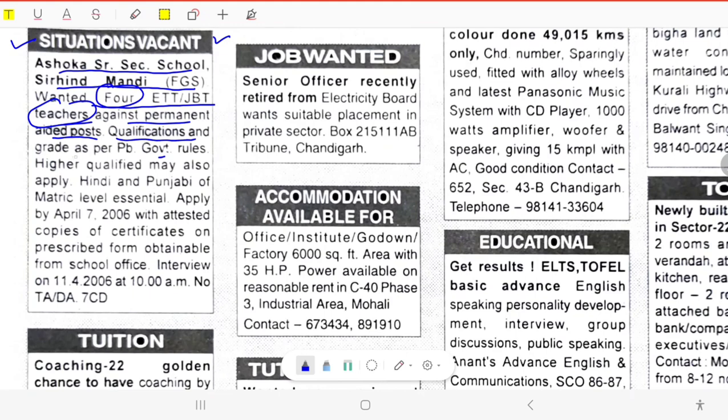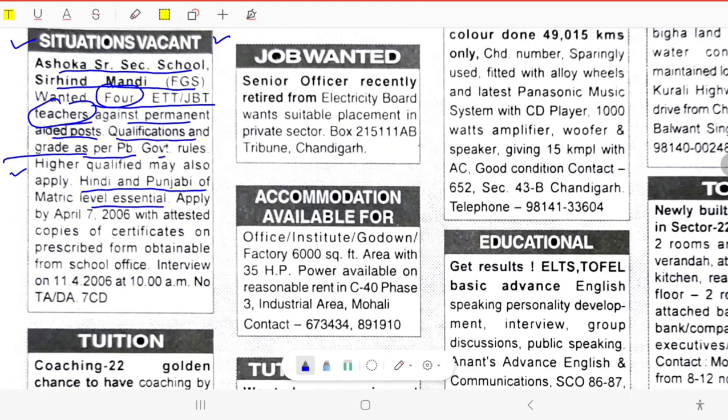Qualification and grade as per Punjab government rules, meaning your qualification should be according to government rules. Higher qualified may also apply, meaning this is permitted to those who possess higher qualification. Other requirement: Hindi and Punjabi of matric level, essential.